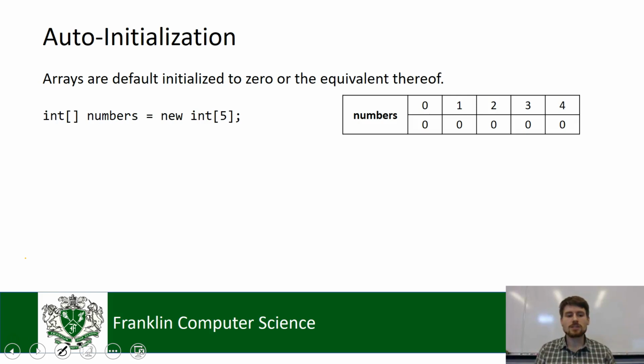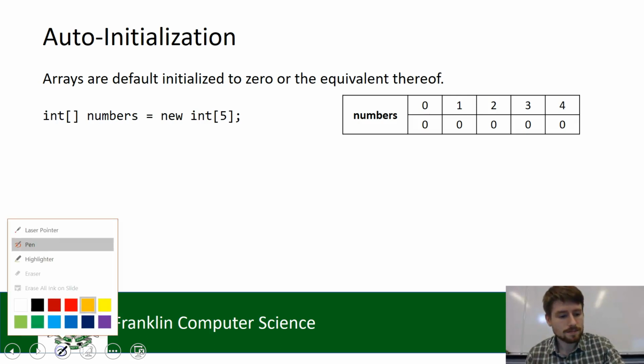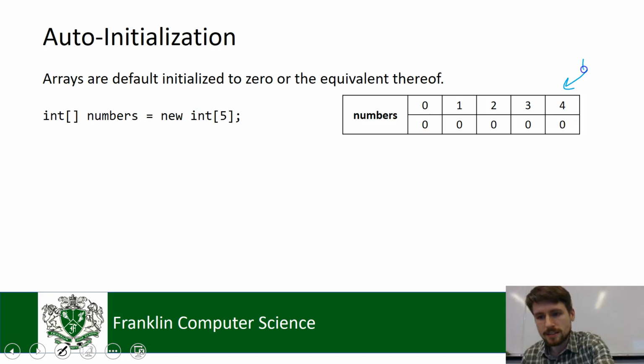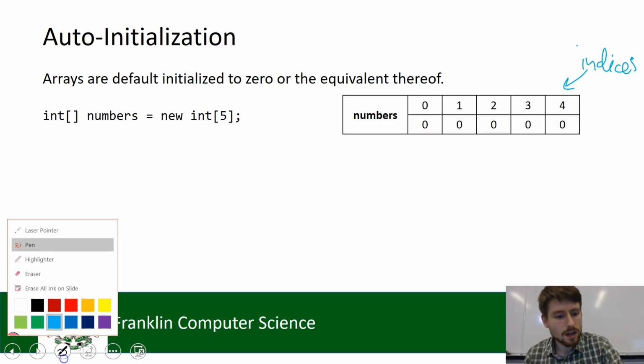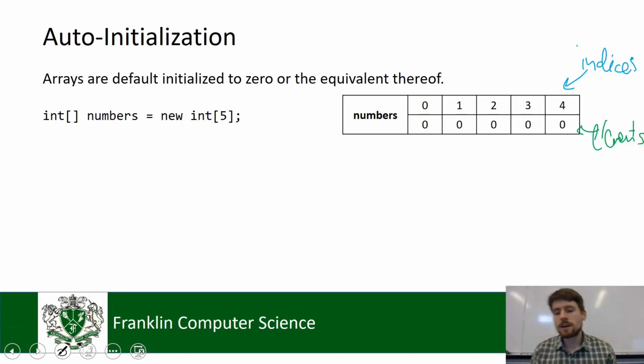So I made my int array, and what we end up doing is giving us space for 5 numbers, and the name is numbers. These are our indexes up above. So these are the indices. And what are the things below? Those are the values. So we are auto-initializing this list of 5 numbers to 0, 0, 0, 0, 0. Super useful, right? Well, we're going to figure out how to access and change these in a little bit.